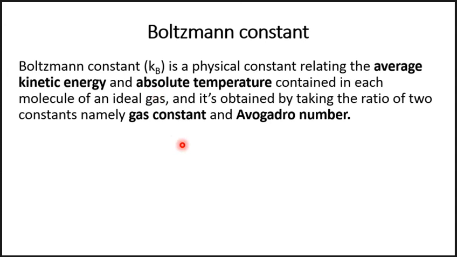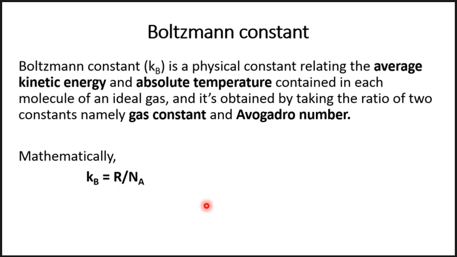Knowing that the ratio of these two constants gives us the Boltzmann constant, mathematically I can conclude that the Boltzmann constant kB equals R over NA, where R is the gas constant, also known as the molar gas constant, and NA is Avogadro's constant. So here is the mathematical expression for the Boltzmann constant.